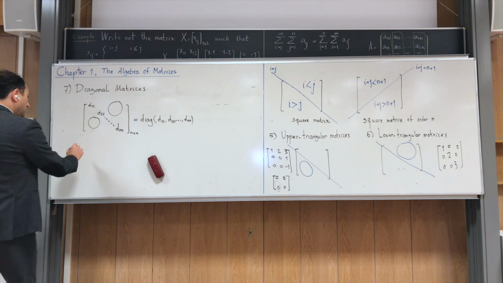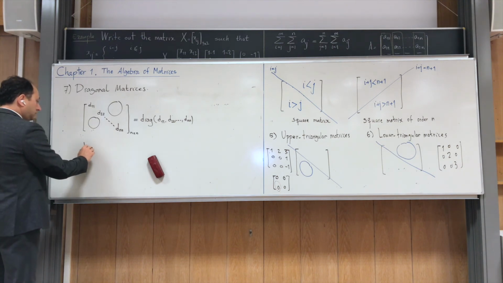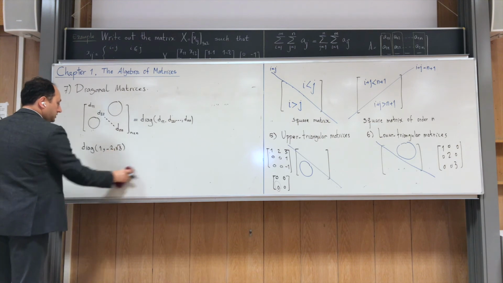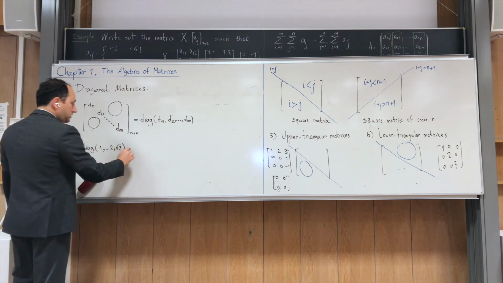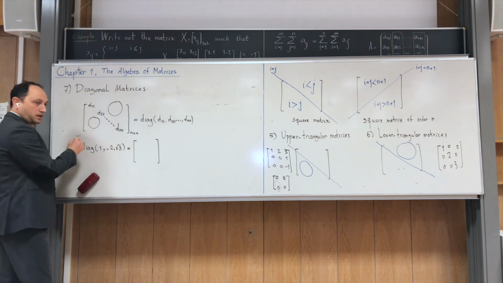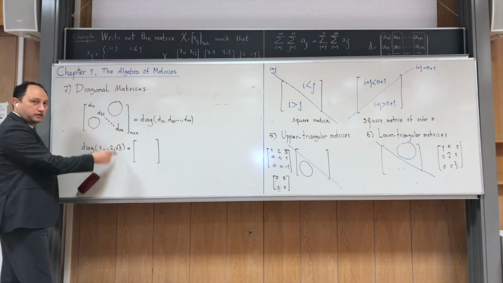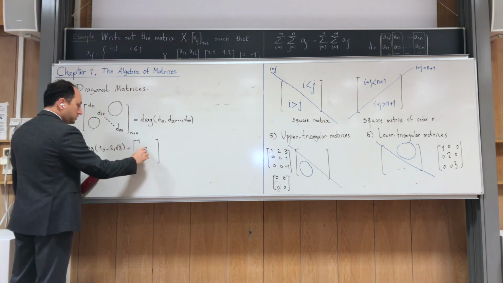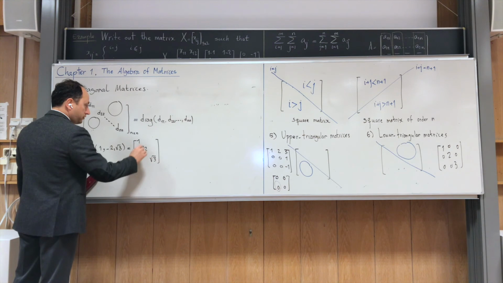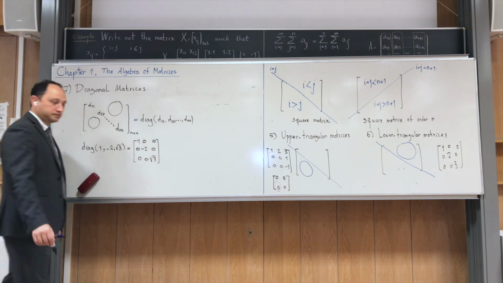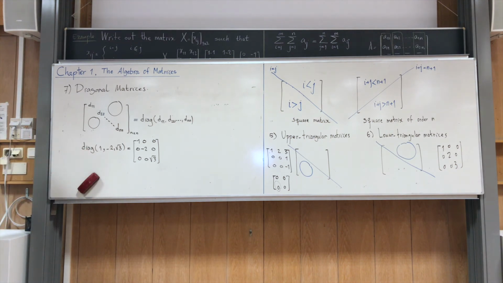So for example, if I tell you diagonal of 2, minus 2, square root of 3, if you see this, it means that you are facing a 3 by 3 matrix, which is diagonal, and these are the entries on the main diagonal in order. The first one is 2, the second one is minus 2, the last one is the square root of 3, but everywhere else is 0.